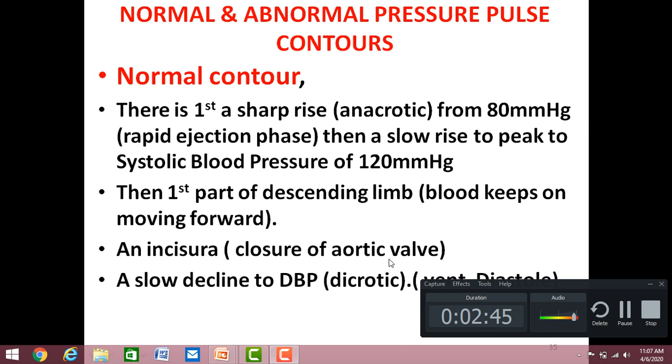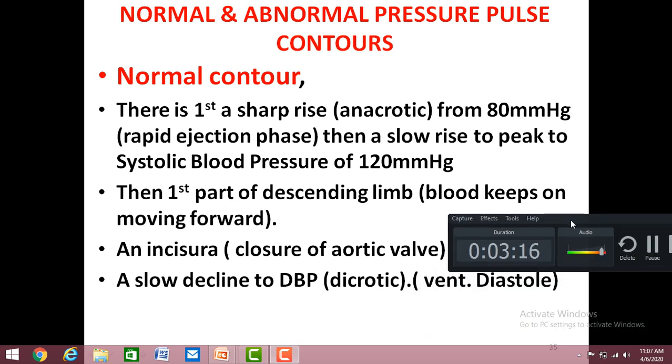When the aortic valve closes at the end of the systolic period, the blood tries to come back towards the left ventricle. This slight duration of backward flow will cause a slight increase or interruption in the pressure, and this is called the incisura. Then eventually there is a slow decline, and the pressure returns back to its baseline value, which in this case, normal, is about 80 millimeter of mercury.